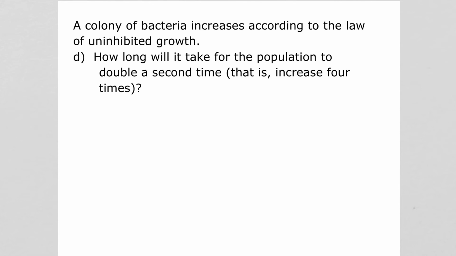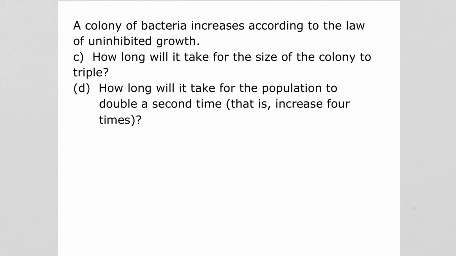How long will it take for the population to double a second time? Oh, I think I skipped one. How long will it take for the size of the colony to triple? So we're just looking at part C here.